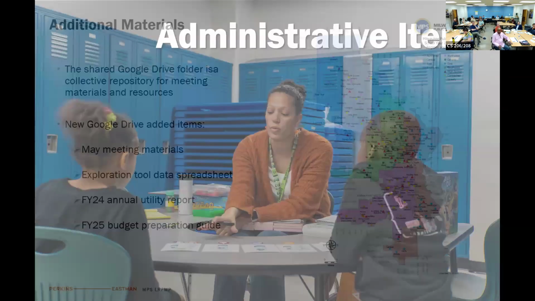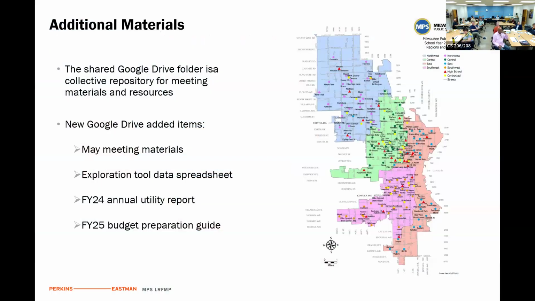Starting with the administrative piece, the new resources that are there: the big spreadsheet that you have, which is the 11 by 17. That is all the data that is in the exploration tool. If you've seen that, it's on the project website on the table on the left, but it allows you to look up any school in the district, see its utilization, enrollment, building composite score, basically all the columns on that spreadsheet shown by each school.